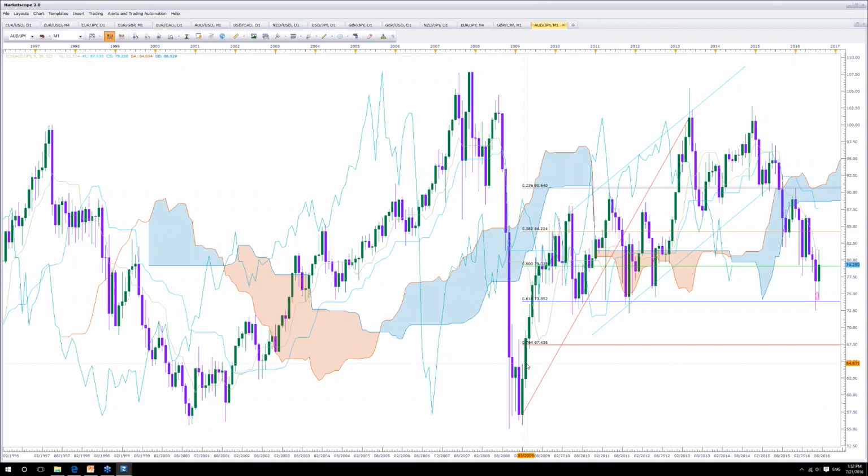Because America is in a much better economic shape, unemployment is down to 5%, GDP is amazing, interest rate is growing, like everything is really on track. So because of that, there is a chance the Japanese yen is not going to get as weak as it was before, right?